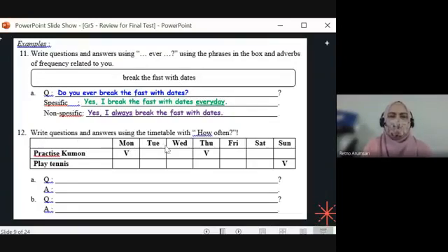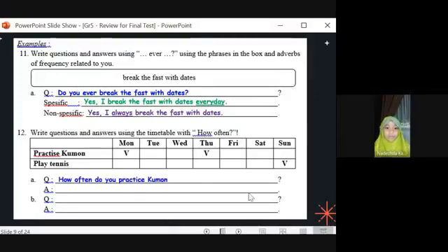Okay, now what about this? Write questions and answers using the timetable with how often. Let's go back to Desda. What's the question for practice Kumon, Desda? How often do you practice Kumon? Very good.